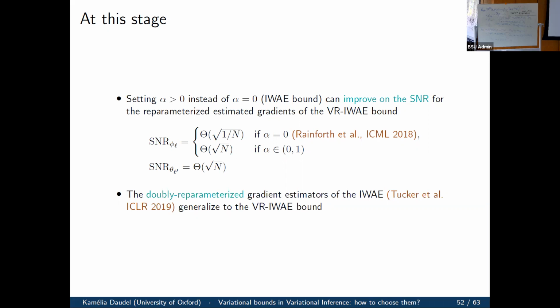One last thing, but this is a bit for the connoisseur. Reparameterized estimators are one thing, and since people realized that we had this big problem, they developed a different reparameterized gradient estimator, called doubly reparameterized, to alleviate the problems encountered here. As it turns out, because our VI bound is the extension of the EY bound, we can also extend this doubly reparameterized gradient estimator to the VI bound.